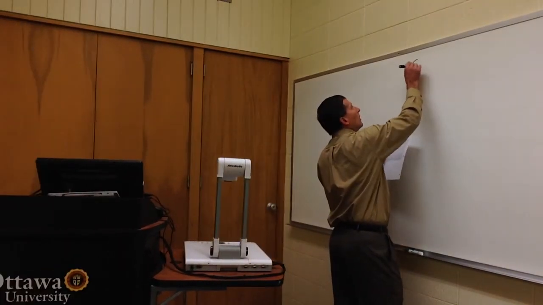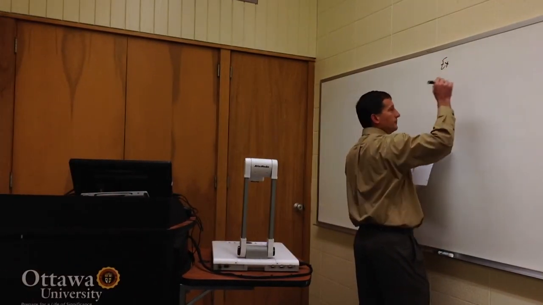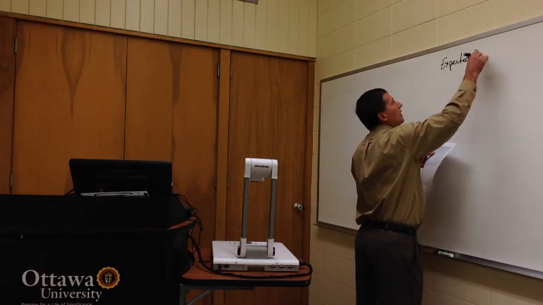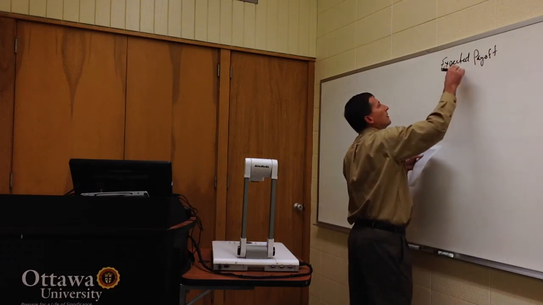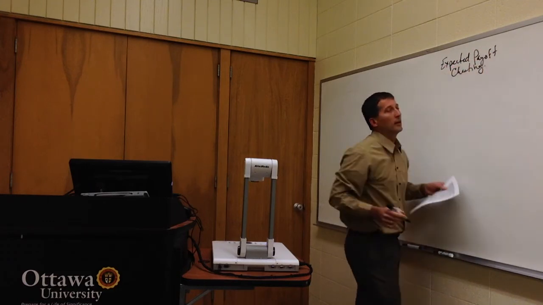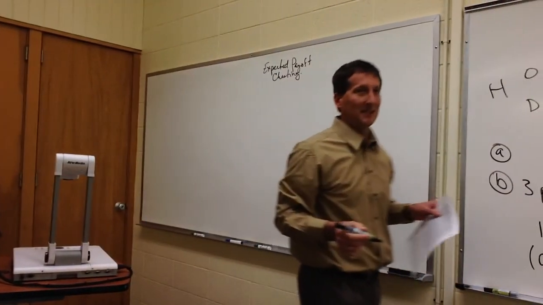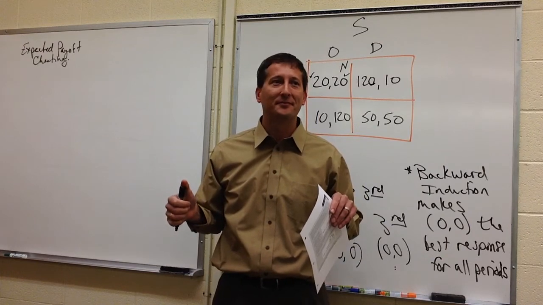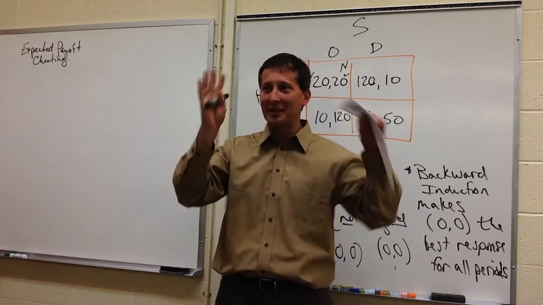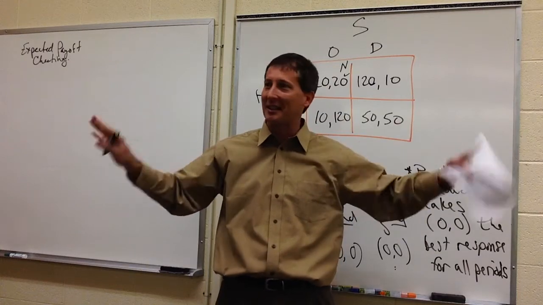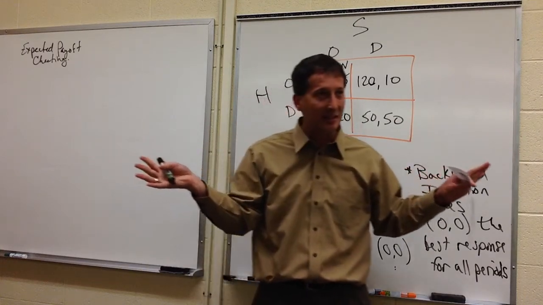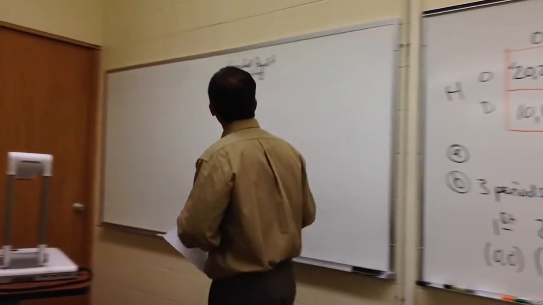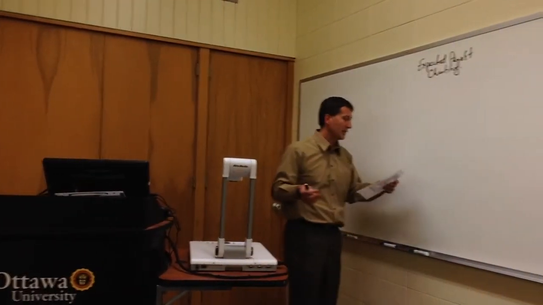So as economists normally do, if the expected payoff from cheating is better than the expected payoff from cooperating, what should you do? Cheat, right? That's our rational person. We're stripping out all emotions and everything. It's just a business decision. If it's better to cheat than to not cheat, then I'm going to cheat. If it's better to not cheat, I'm going to not cheat.